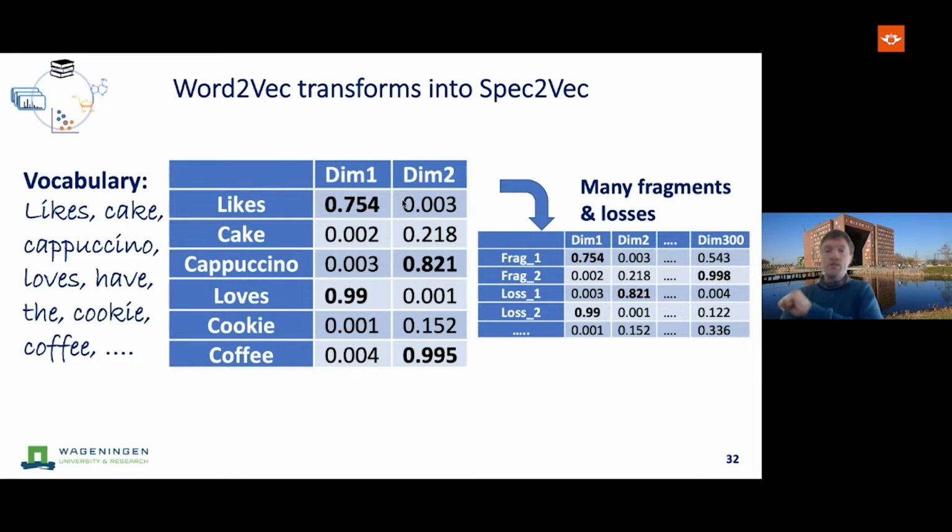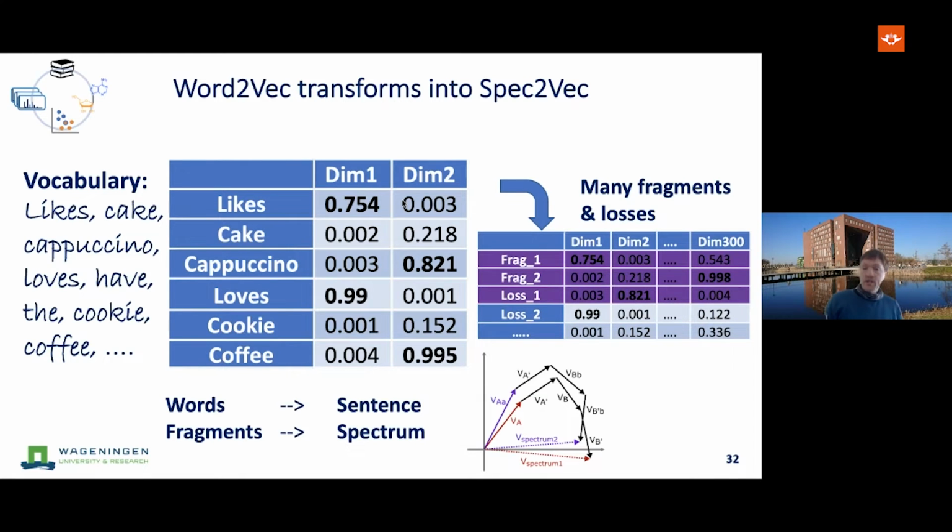In our case, we get many more dimensions, 300. And we have many more fragments and losses that we throw in, and then we use all the mass spec data to also find out the relations between fragments and losses in the data.